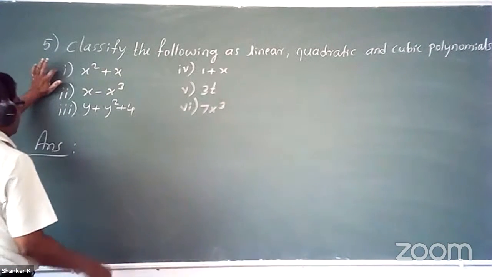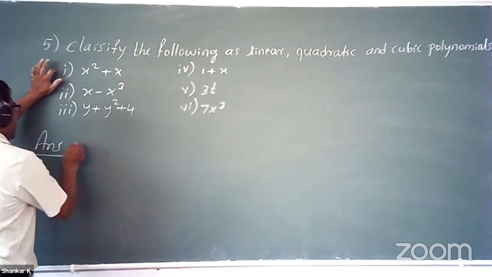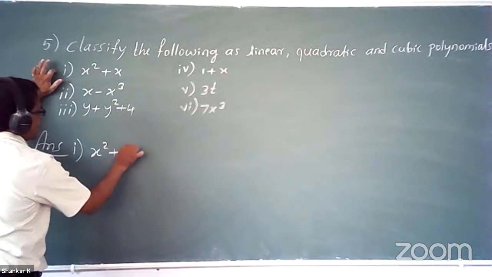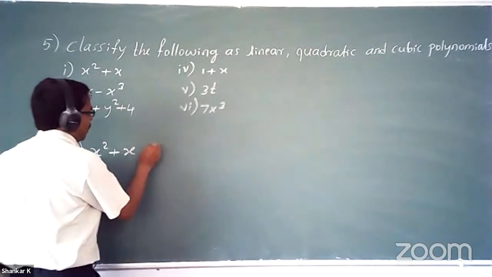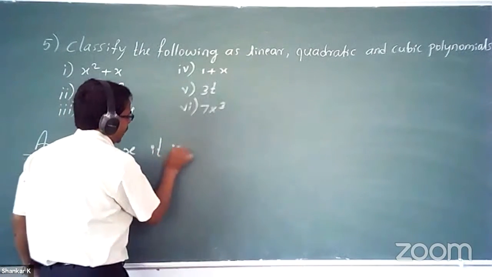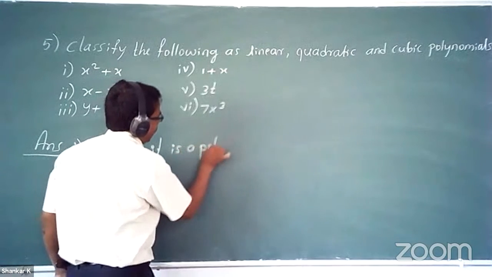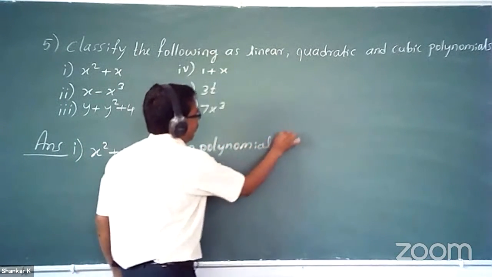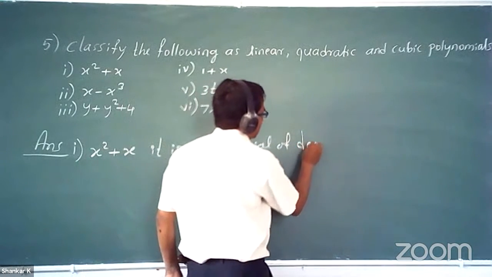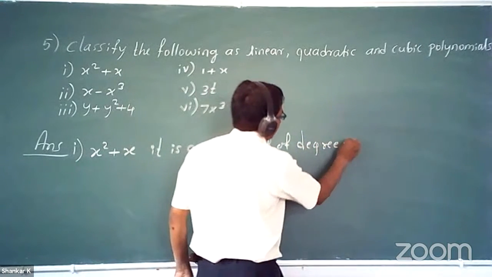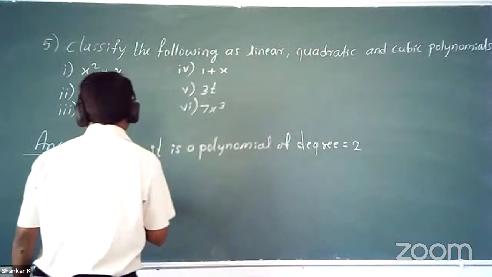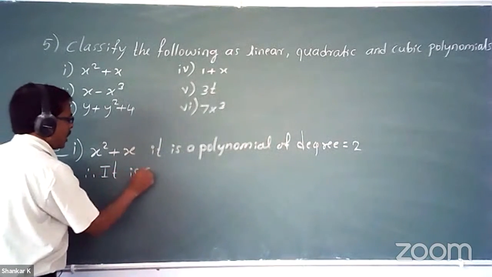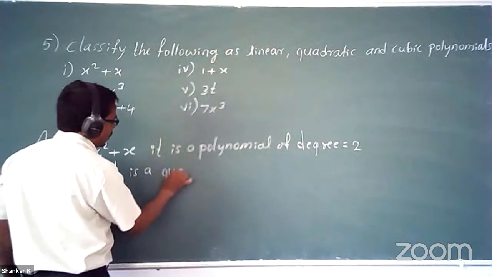What is the degree of the polynomial x square plus x? It is a polynomial of degree 2. Therefore, it is a quadratic polynomial.